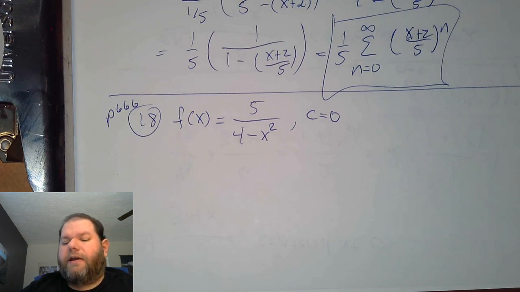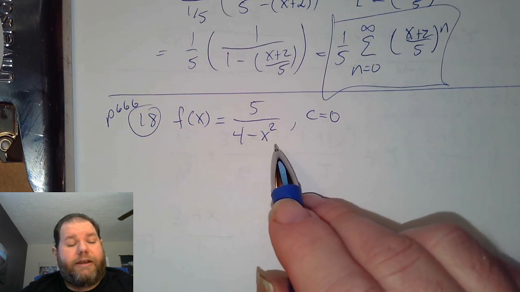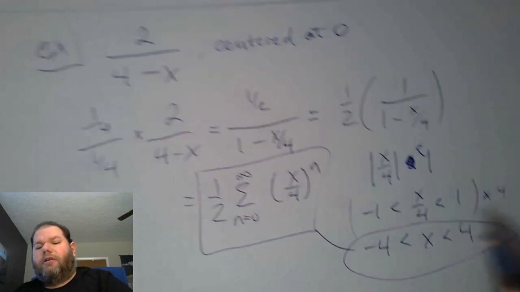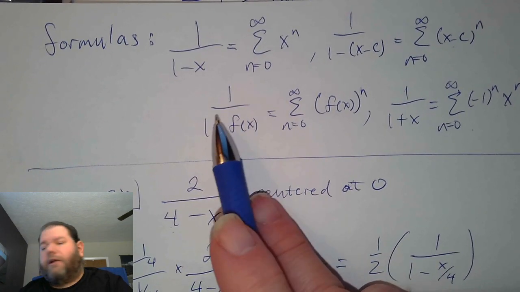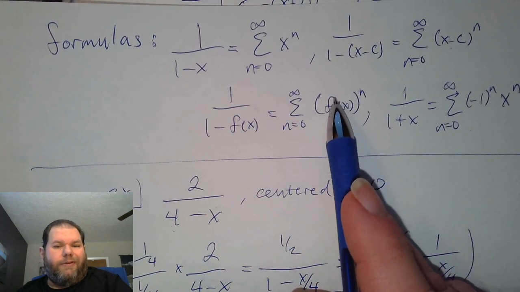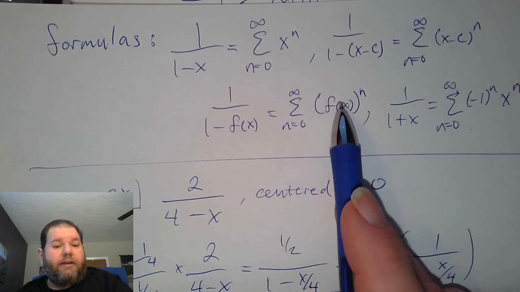But notice that even though it's x squared instead of x, we're actually okay. If we can get it to this format here, 1 over 1 minus f of x, even if that includes an x squared, that's all right. It doesn't have to be just x; it could be x squared.